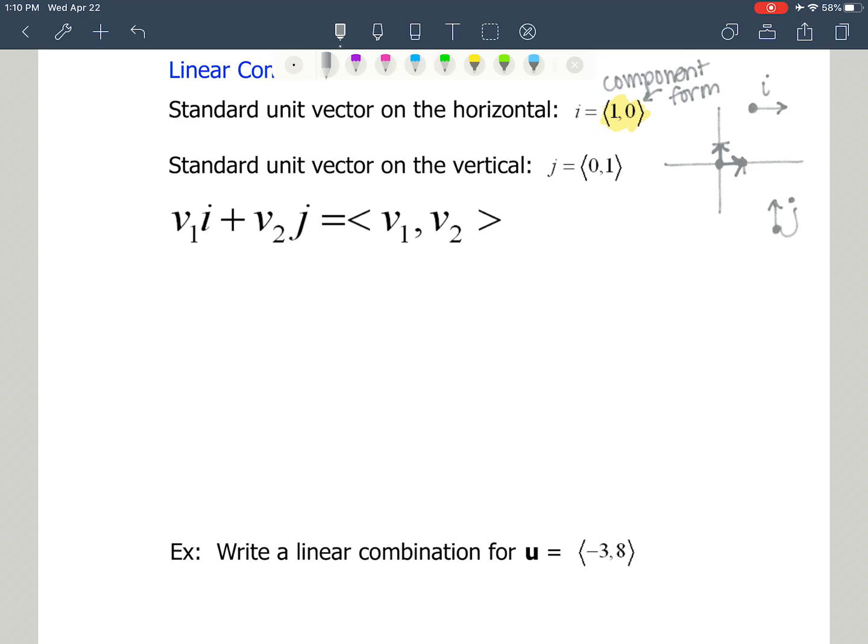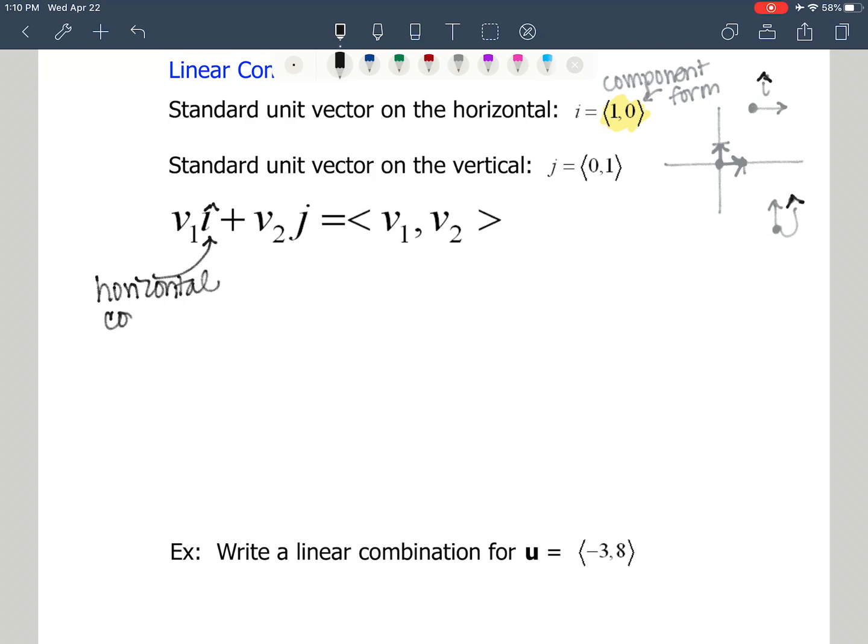And so that we don't confuse these letters with variables or imaginary numbers, I write a little upside down V. So an upside down V, and I call it hat. So I hat, J hat. So I hat is your horizontal component.